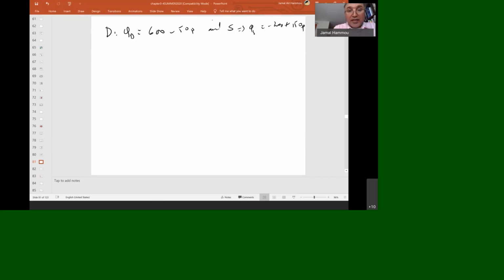So find the equilibrium. At equilibrium, we know one thing: QS equals QD. That's 600 minus 50p equals minus 200 plus 150p.